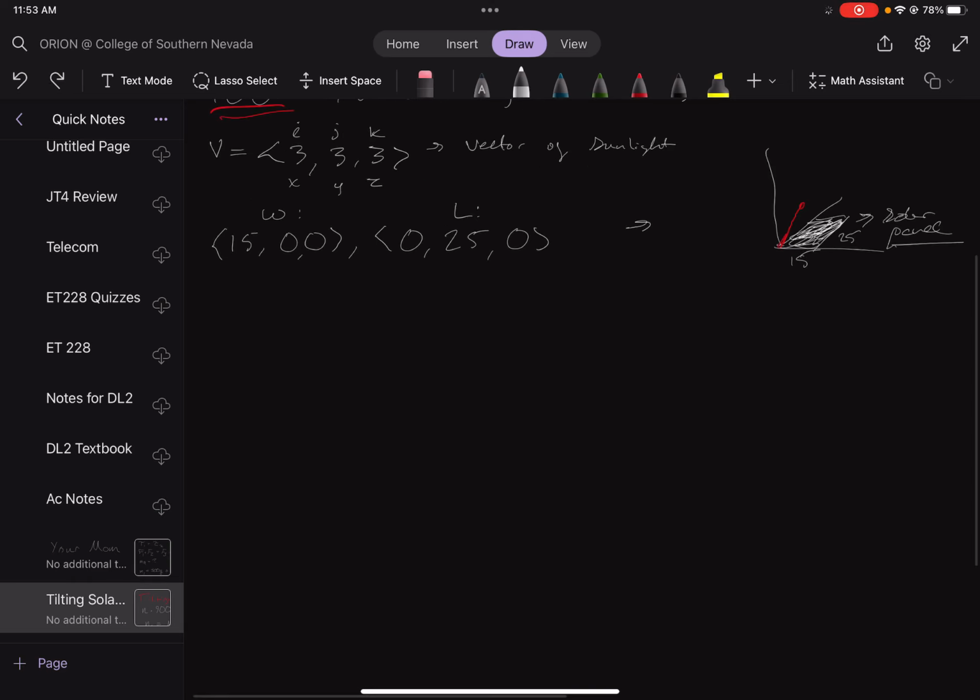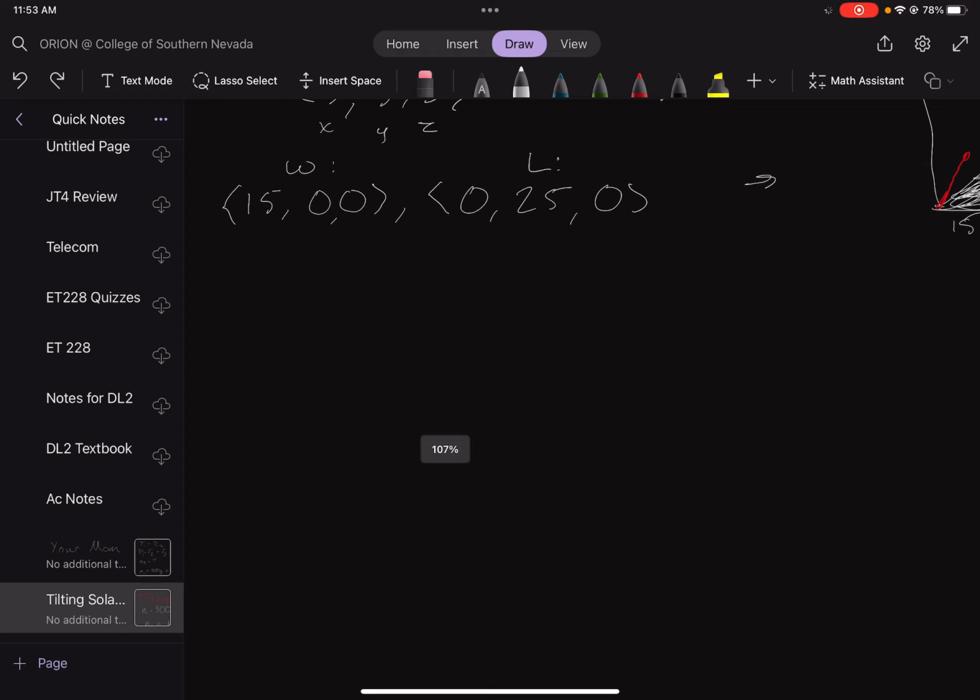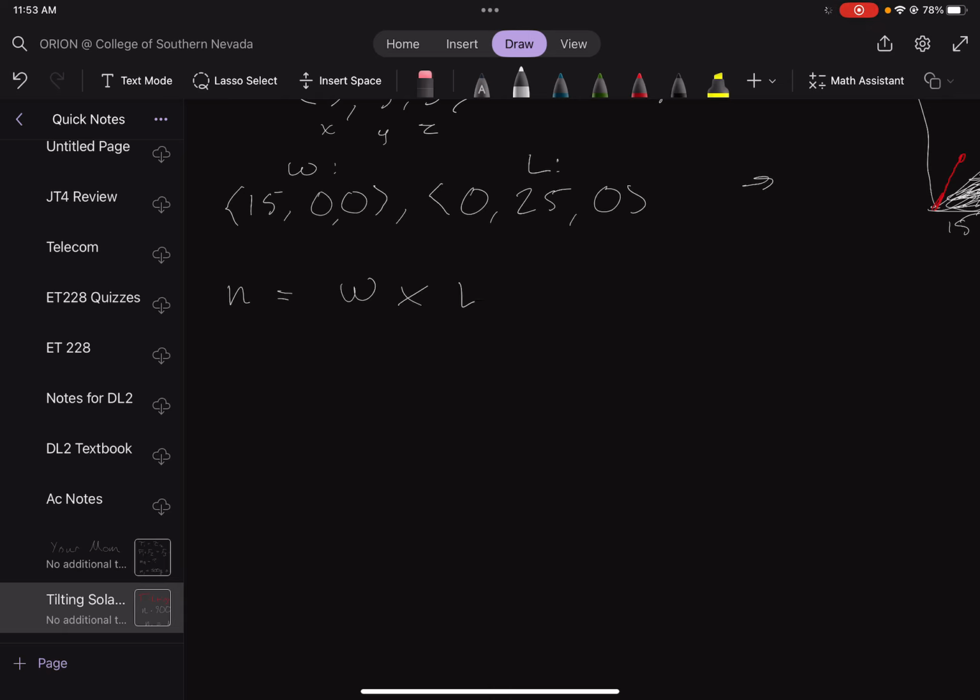So I will go ahead and press on further. So to do everything first, we need to calculate everything out of this formula. First, we need to take this vector and turn it into the value of n. So the value of n will equal the cross product of w and l.